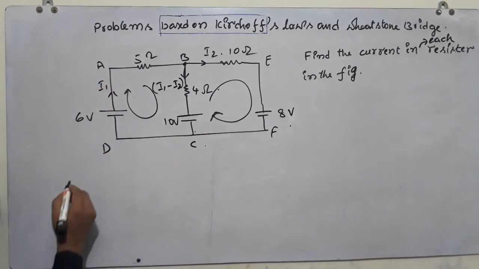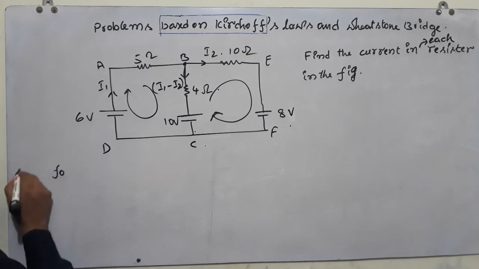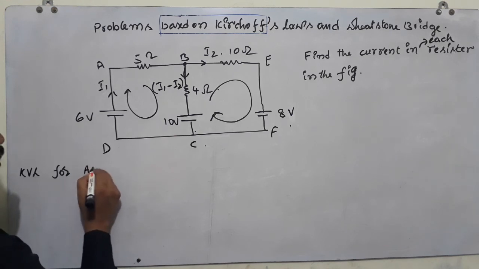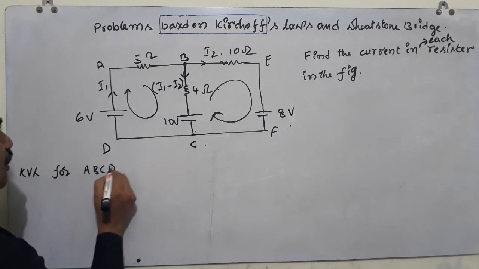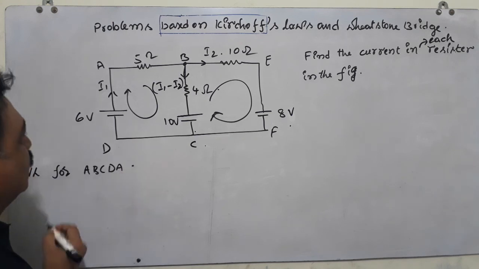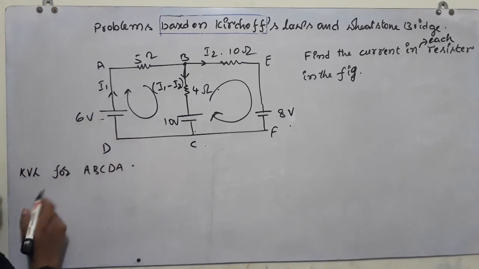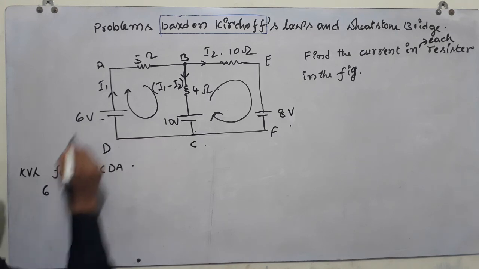In the first loop, KVL for loop A, B, C, D, A. We are moving from negative to positive here, so that is 6.